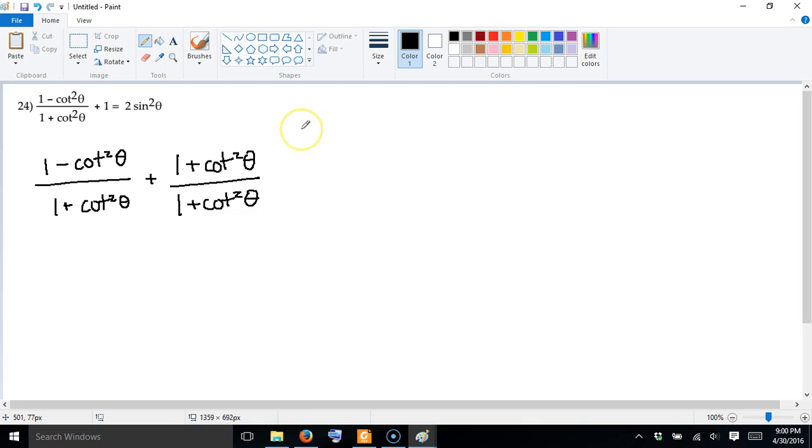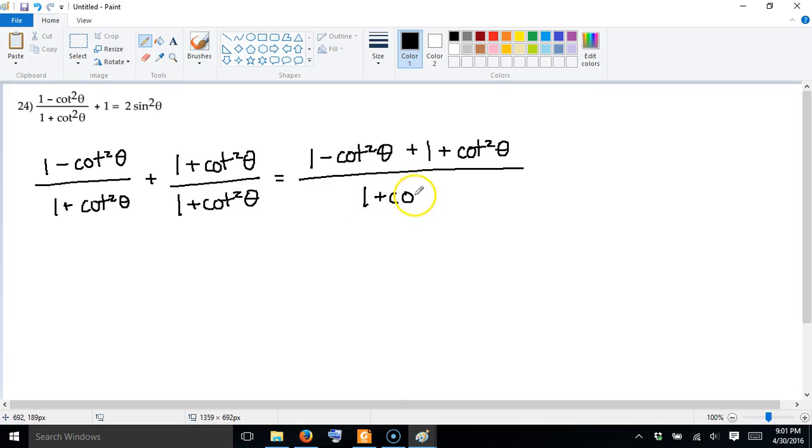Sorry, my handwriting is terrible on this thing. But anyway, that's your value of 1, but we have a common denominator now. So that is equal to 1 minus cotangent squared theta plus 1 plus cotangent squared theta all over 1 plus cotangent squared theta.